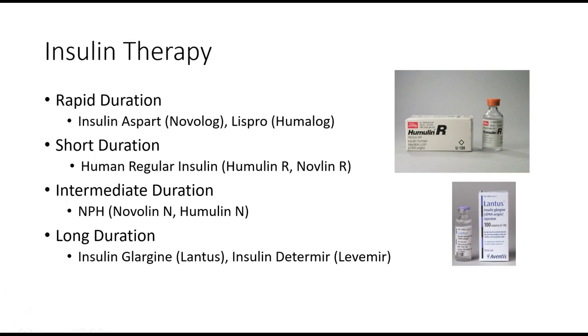You might see Novolin N or Humulin N. And then we have our long duration insulins, which are the Lantus and the Levemir. Those are your main categories, main types. You'll see a lot of other different names, and there's more and more that are being developed all the time. But these are the big main ones for you.